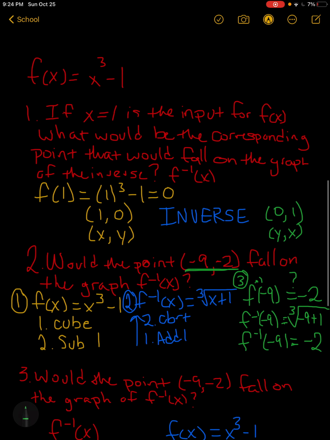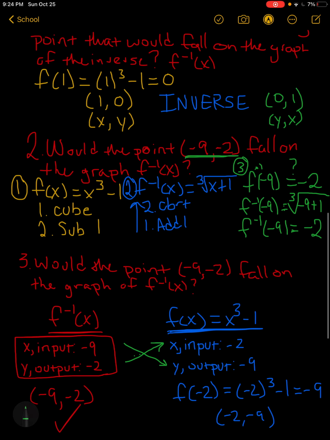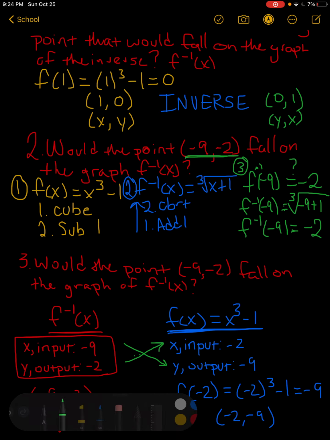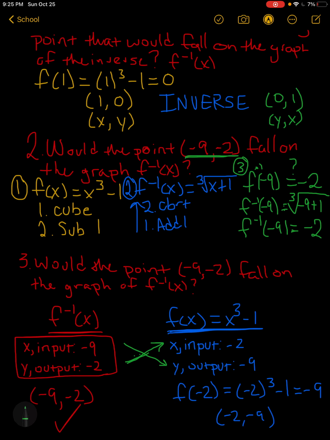Okay, another way to think about it is if I have the point (-9, -2), that means the input and the output are going to be negative 9 and negative 2, respectively, for my inverse. What you can do is swap your input and output if you want, and then verify using the original equation.